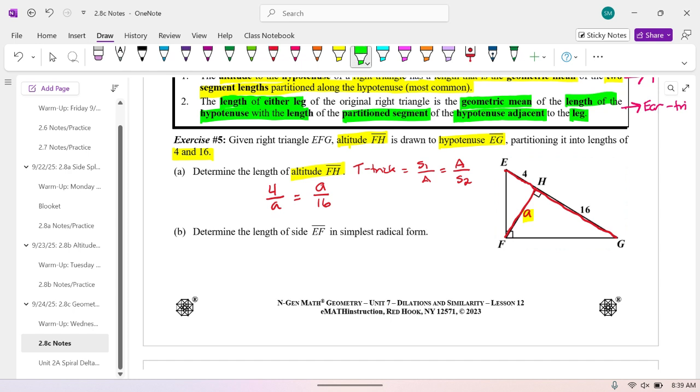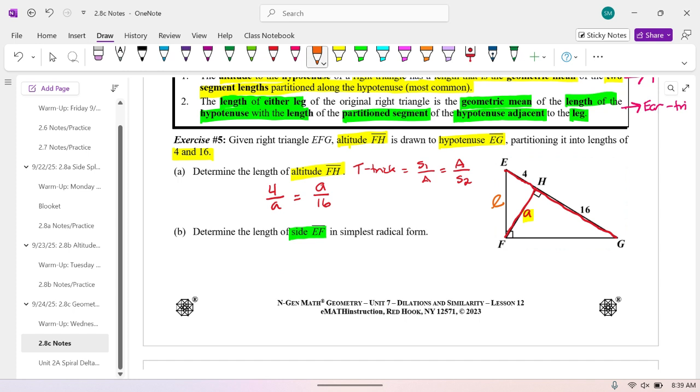Now, the length of side EF in simplest radical form, let's call that L. So EF we're going to call L.